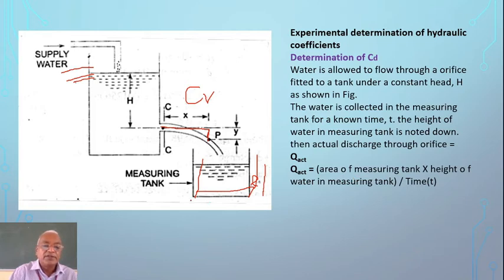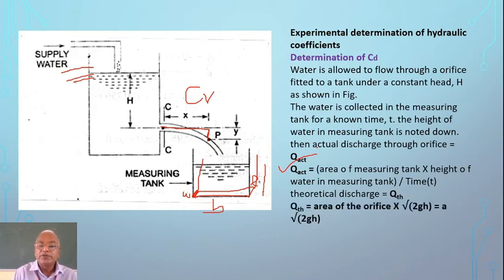Suppose the measuring tank has length B and width W, perpendicular to the board W, parallel to the board B. BW is the area of the base, into the height of the water in the measuring tank, L, divided by time t. So it will be WBL by t, that is the volume collected divided by time. That gives you the actual discharge.